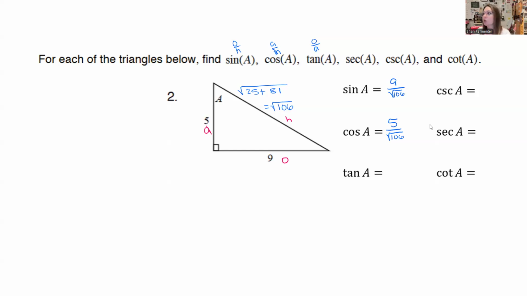So if you are always in the habit of writing it in this order, sine, cosine, tangent, and then the reciprocal pairs, tangent is always going to be sine over cosine. So it's always going to be 9 over 5. Does that reduce? No. The reciprocals, I'm going to flip all of these upside down.